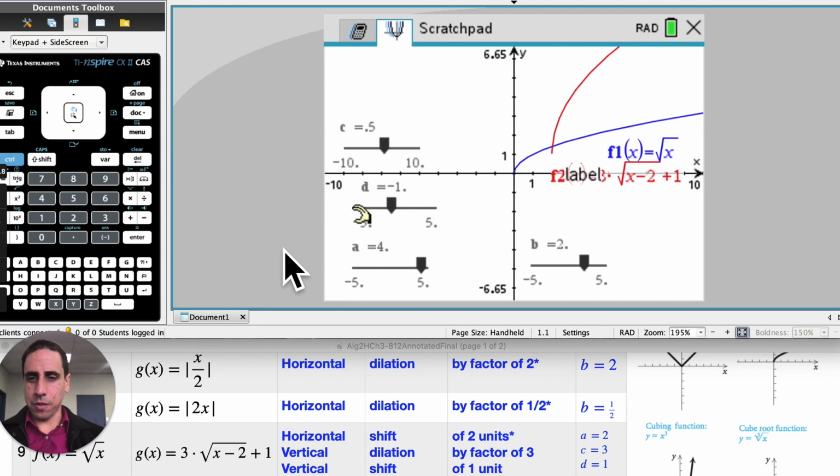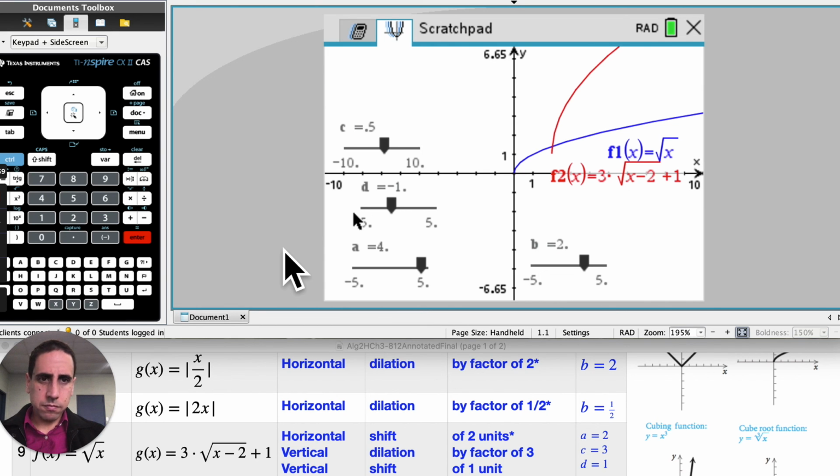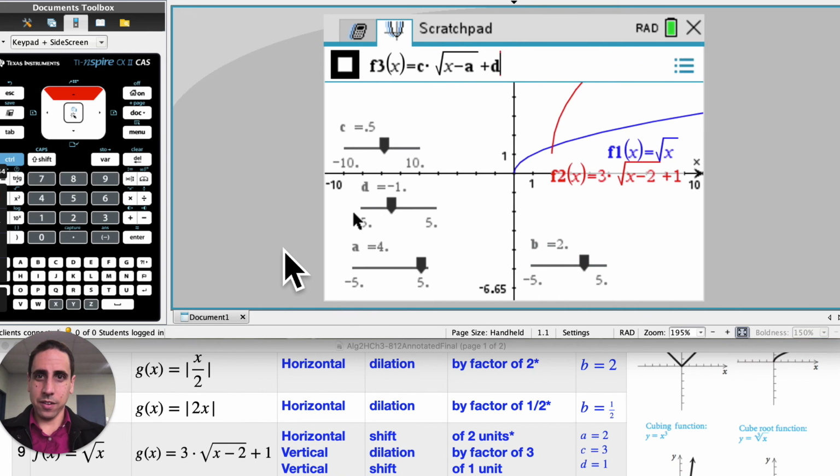I'm going to see if I can do the slider. All right, so what this would be is c times the square root of x minus a, plus d. Okay, and then let's actually graph it. I have to go back. There it is.